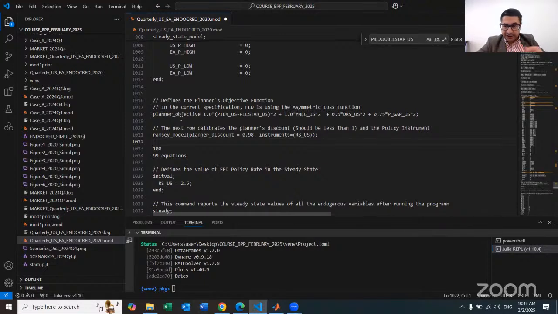The Ramsey planner is minimizing this objective with respect to these 99 first order conditions. It's solving the Lagrangian problem and deriving the equation for this interest rate, right?